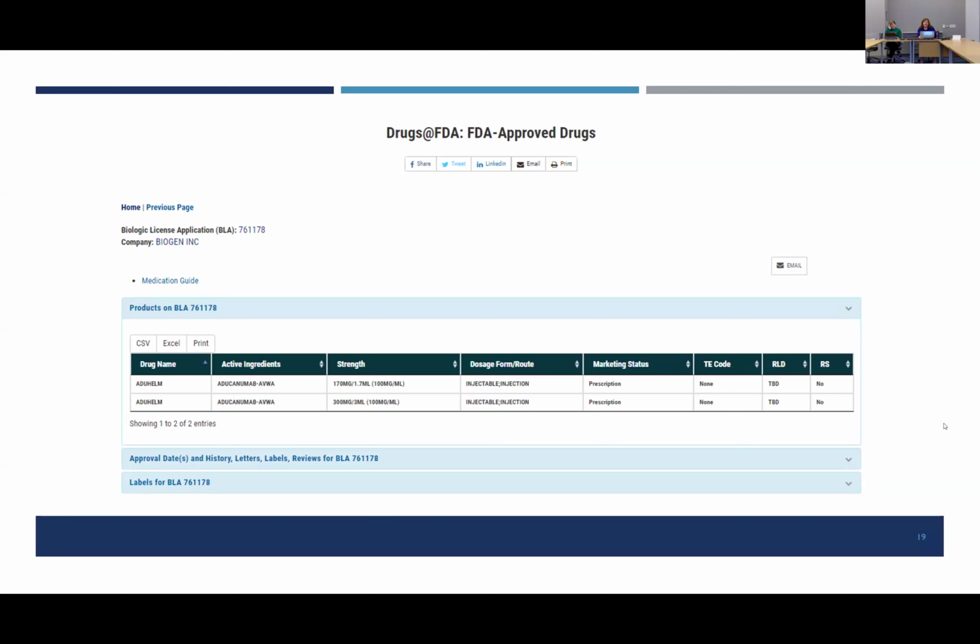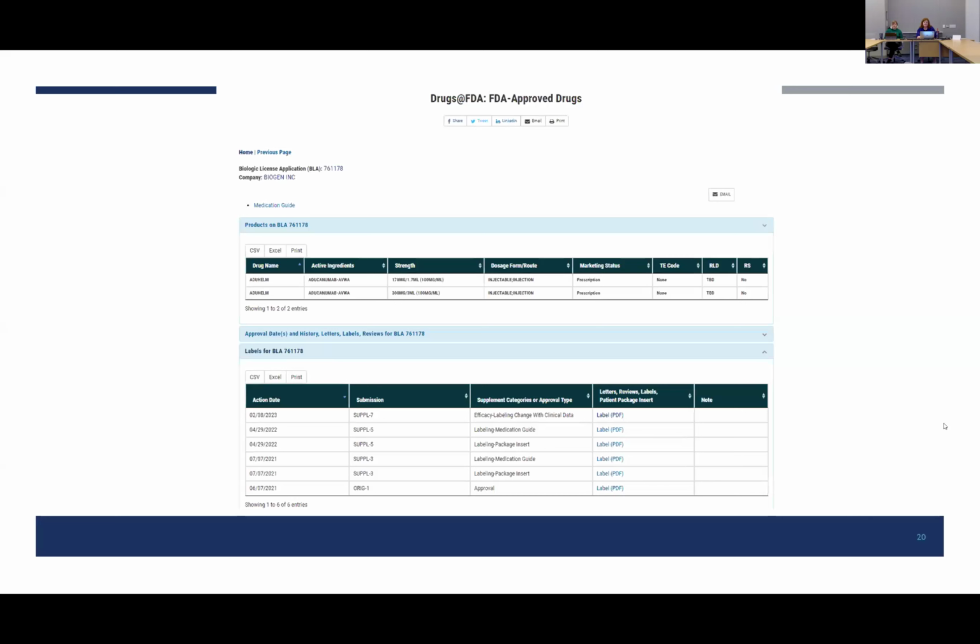Anyway, you can see at the bottom of the screen here, there's a couple of tabs that can then expand. And that includes the approval date, the letters, the labels, lots of information. So when you expand that, then you can see all of the different supplements after approval that have been submitted, and then the original approval as well. So some of those supplements might go ahead and change the label. So that's why we have these different options.